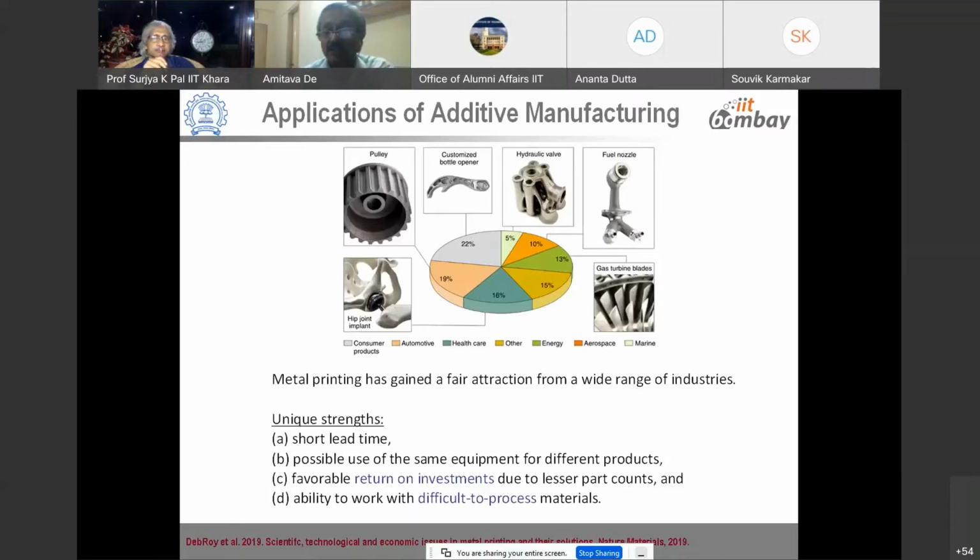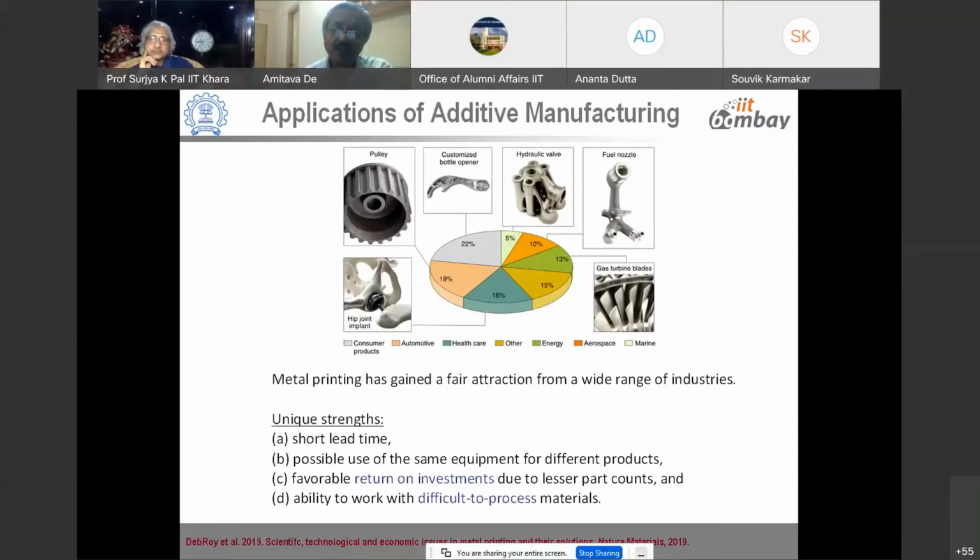In a very basic sense, it does not require different kinds of equipment for producing different kinds of shape, which means if we think of casting or any other such process, if we require die casting, we require a particular set of equipment. If we go for sand casting, we require a different kind of equipment.